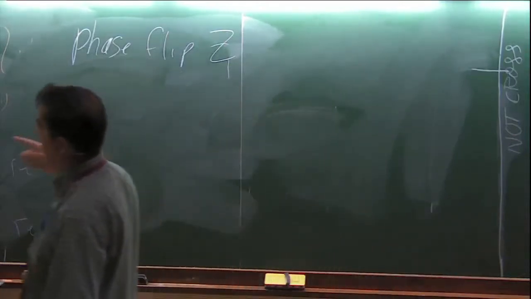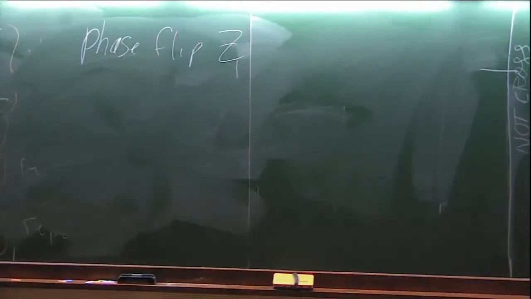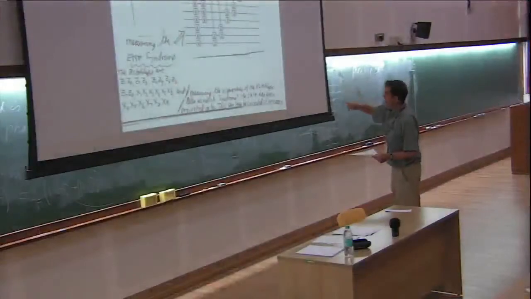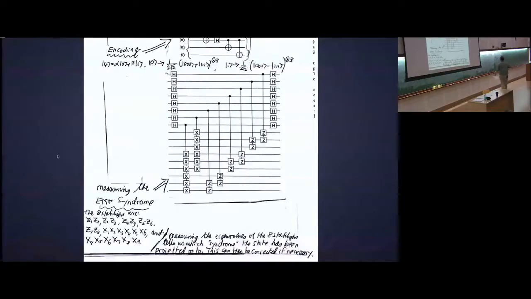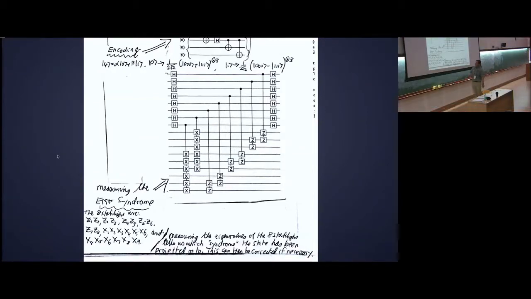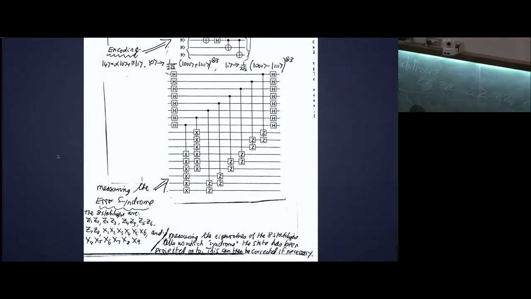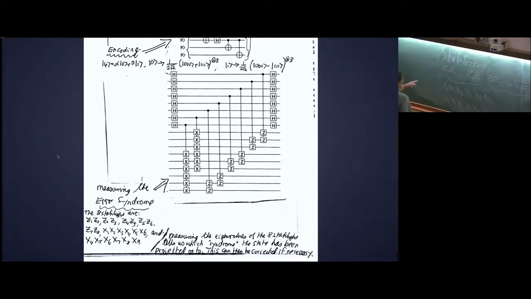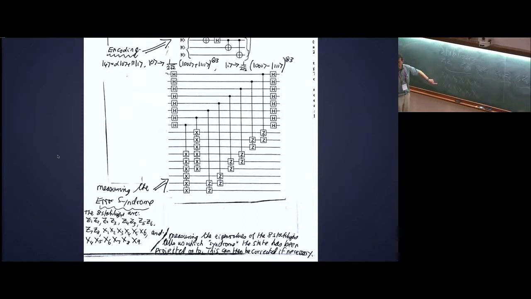So remember, to get the eigenvalues of the stabilizers, we have to see whether the operator which causes the error, in this case Z1, commutes or anti-commutes with these stabilizers. So you see that it commutes with all 6 of the Z's, and it anti-commutes with the 2 X stabilizers.